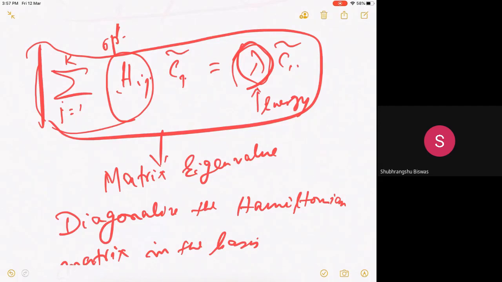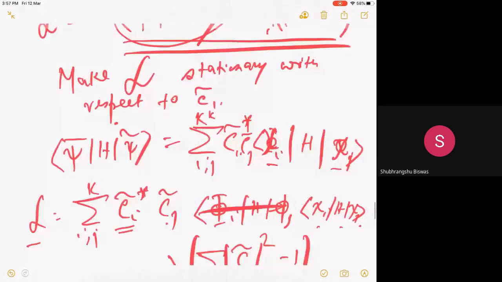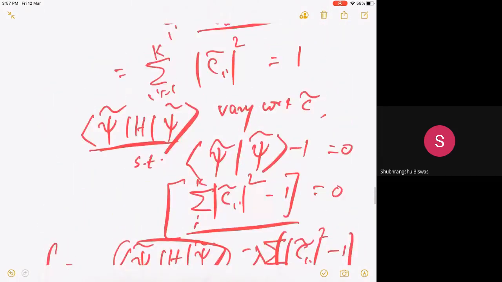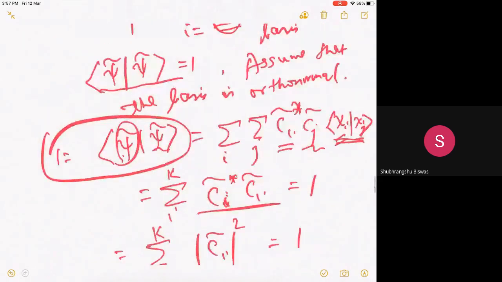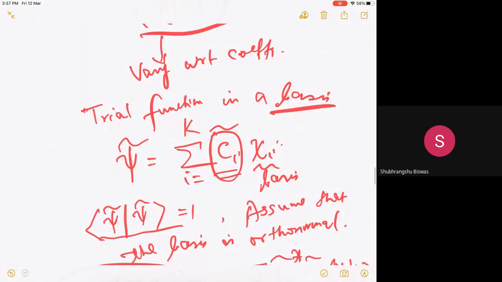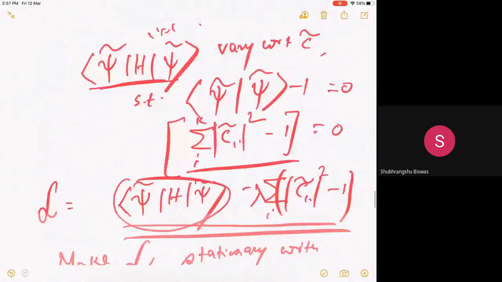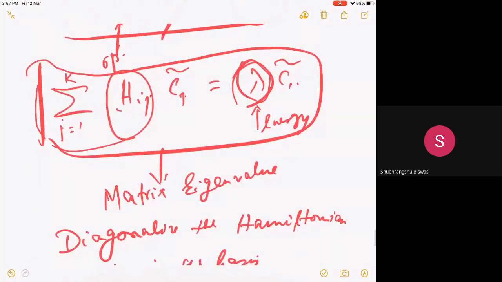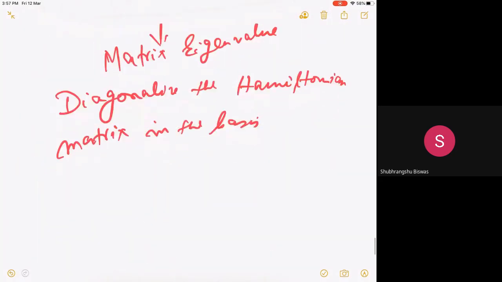For each energy, I have a column vector, which is the eigenvector, so I will get all the coefficients. But the important thing is, in this linear variation I am not only getting one lambda, but I'm getting all the lambdas because I have an eigenvalue equation. I'm getting k number of lambdas. So I get not only the ground state but also excited states.